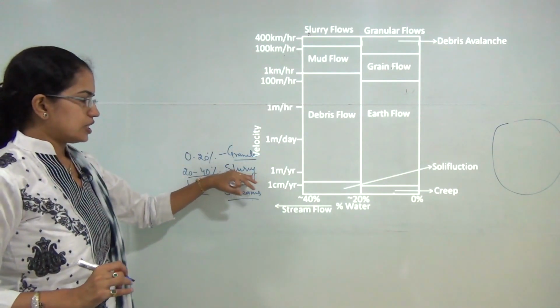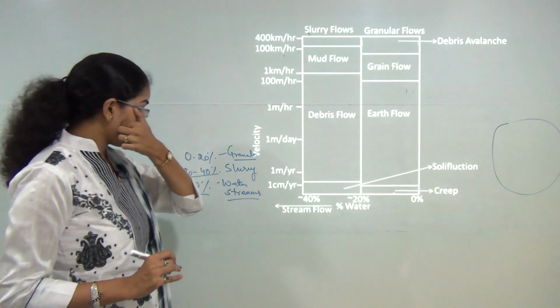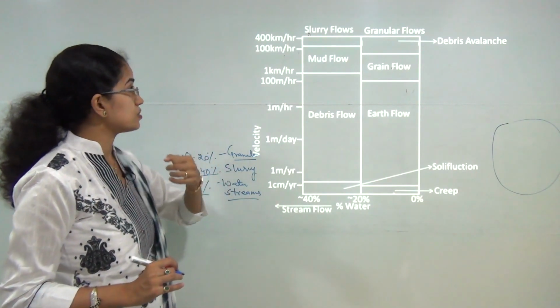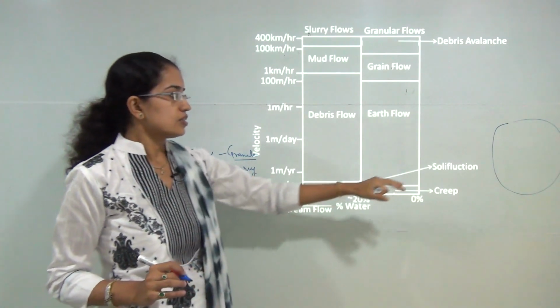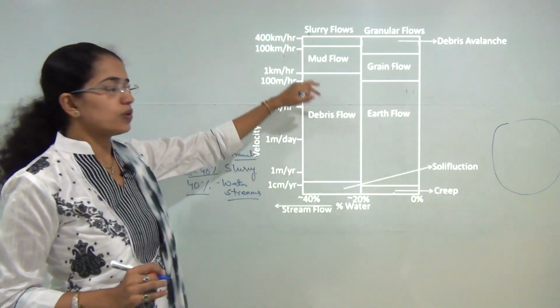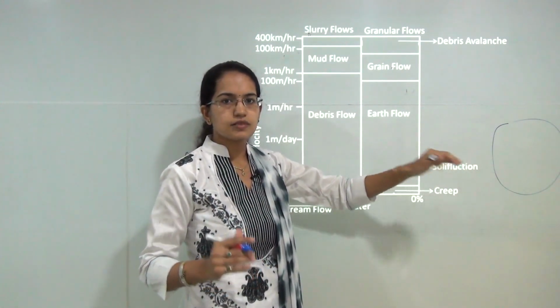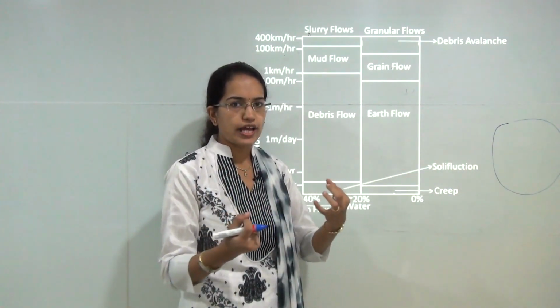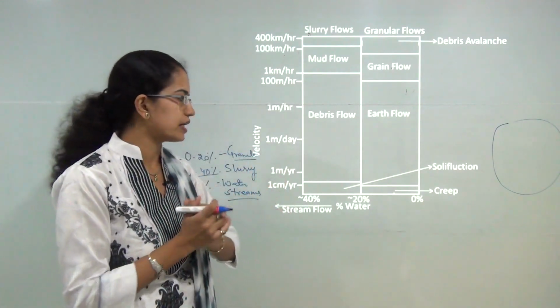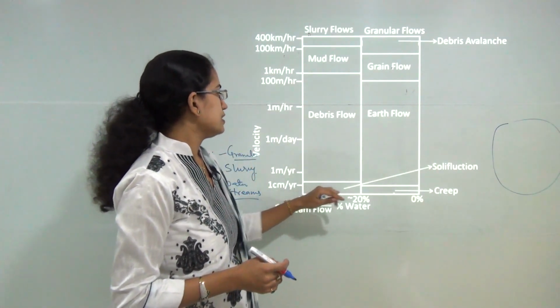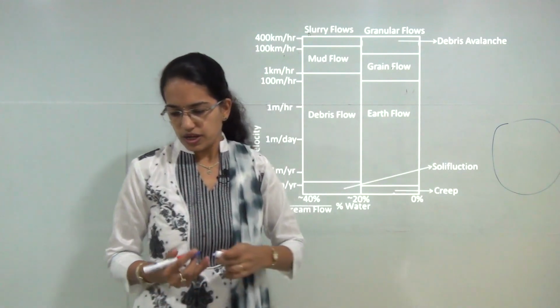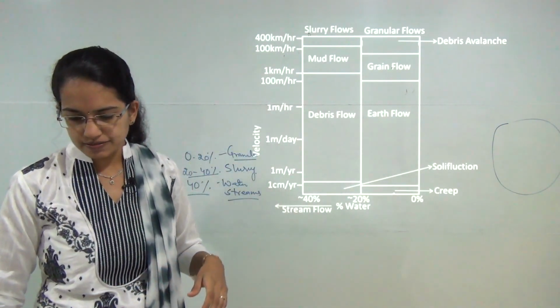Now let's talk about slurry first. When we talk about slurry, you have three basic types of slurries that we would understand: the solifluction, debris flow and mud flow. Solifluction usually occurs in the colder areas. It's mainly due to the freeze and thaw action, that you have breaking of the rock particles, and the velocity is usually slow. It's a kind of slow movement that occurs.